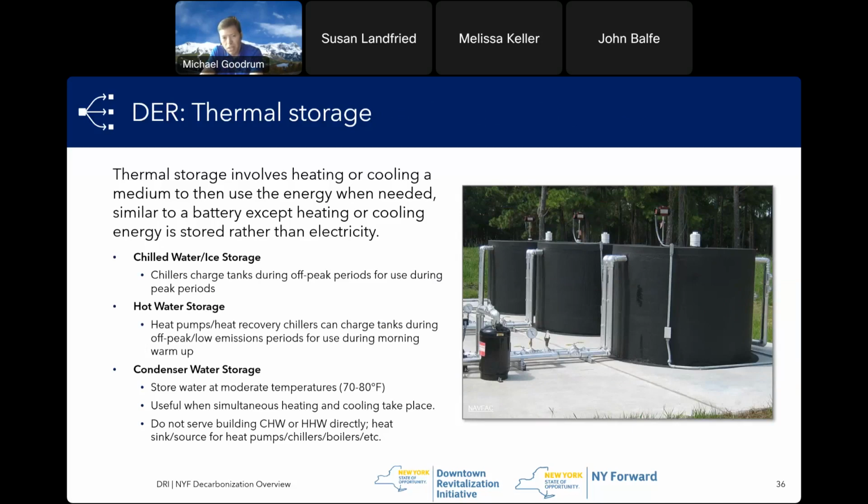Shifting the load means that if you have peak periods where you need a lot of energy to heat up or cool down the building, and it's all at the time that the utility costs are highest, you could use a storage system to produce hot water or cold water at a time when the utility costs are low, and then just pump it out of the tank to meet that big peak load for your building at the time when it's high.